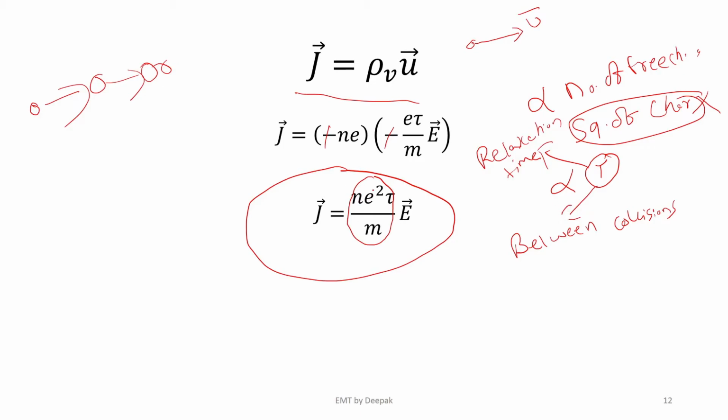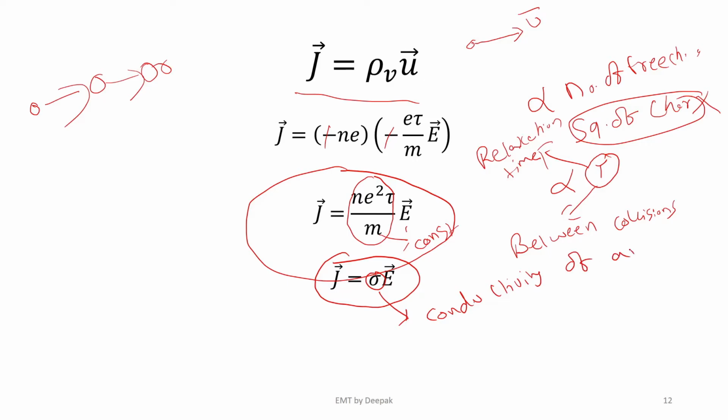This entire expression, n e square tau by m, where m is also a constant, the mass of the electron, right? This is called the conductivity of a material, where I already told you that it is directly dependent on the number of free charges and the relaxation time.